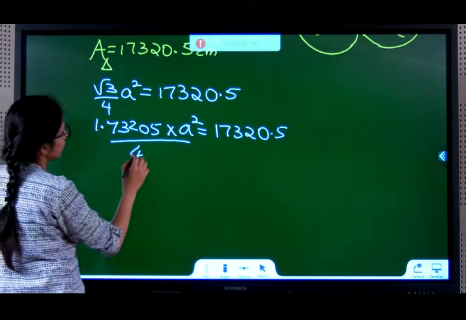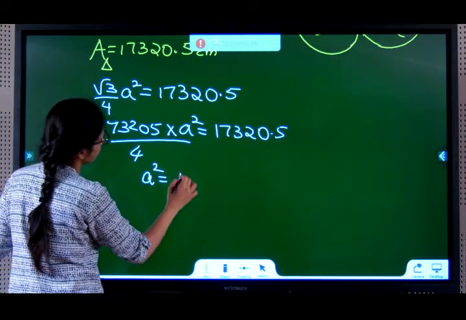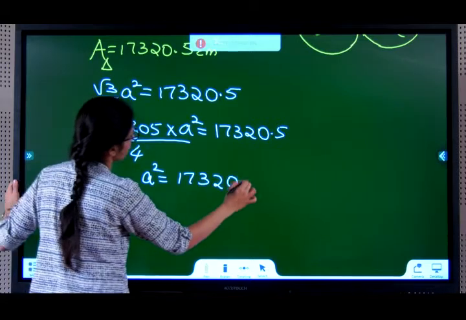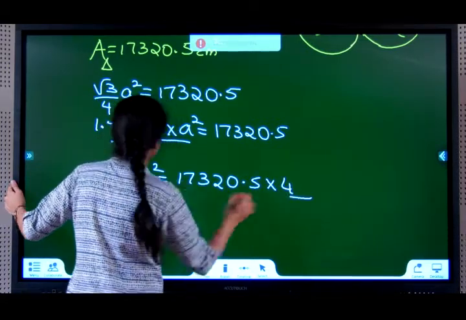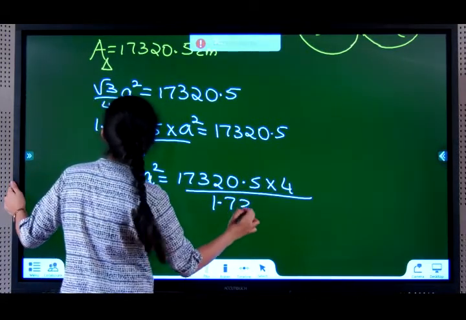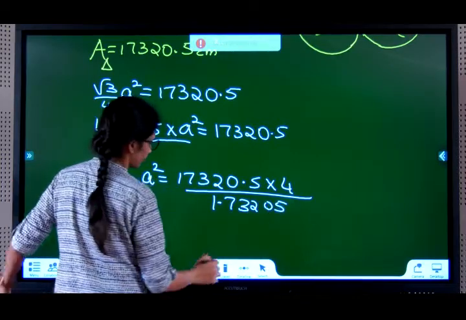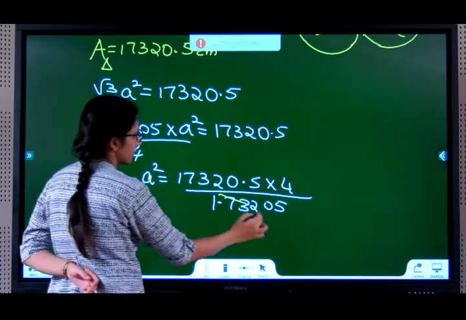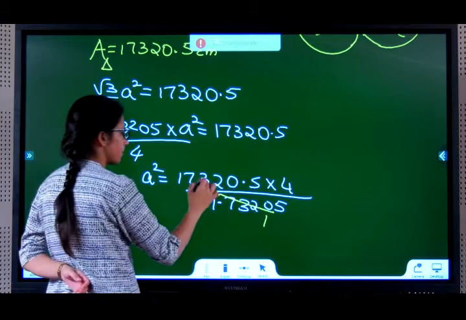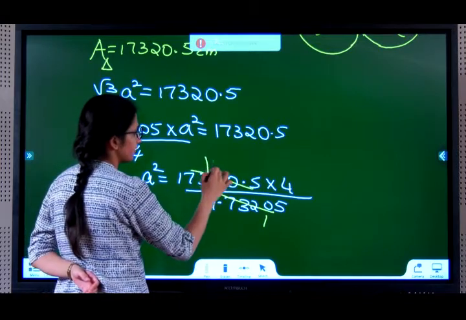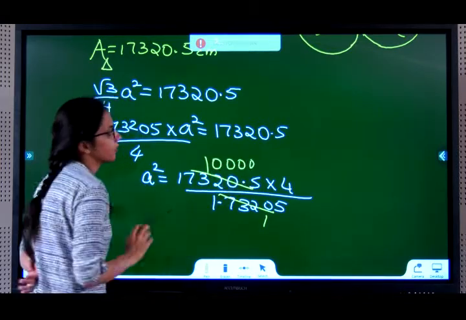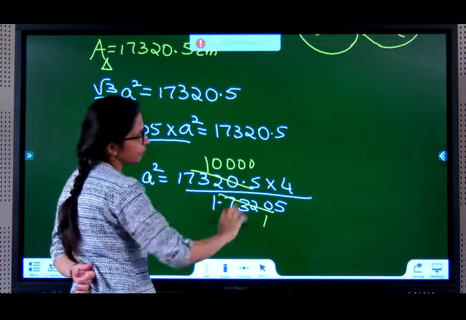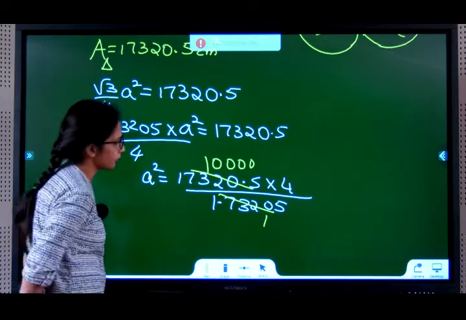Right? So now a square is equal to 17320.5 into 4 divided by 1.73205. You can observe 1s are 1, 4 zeros are. If you don't know how, multiply and remove the decimal completely and then try to divide.